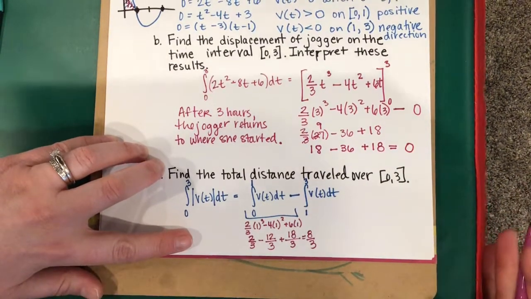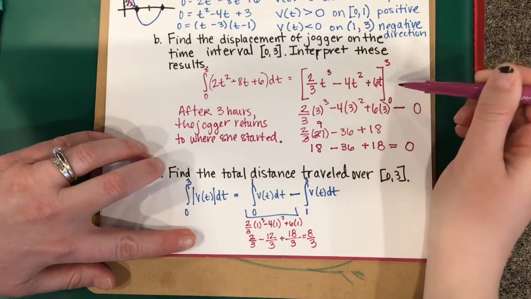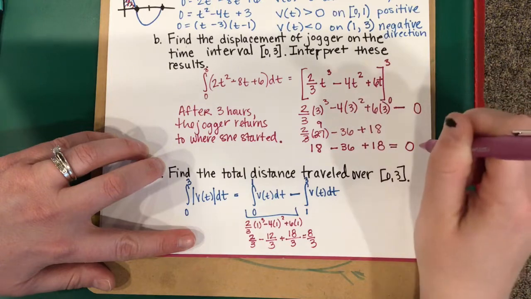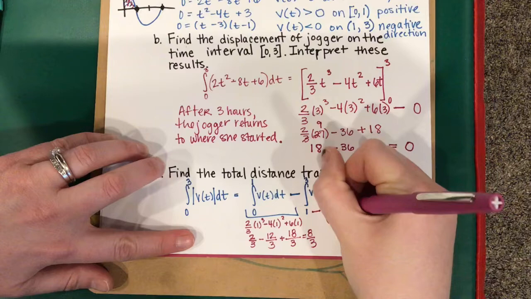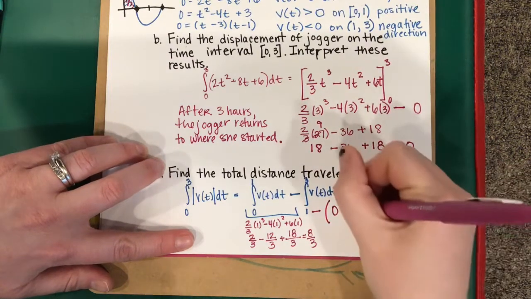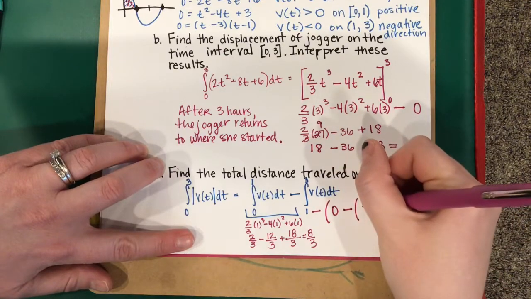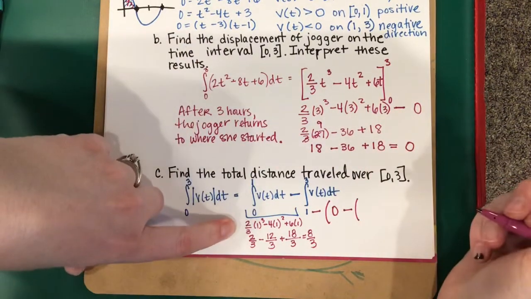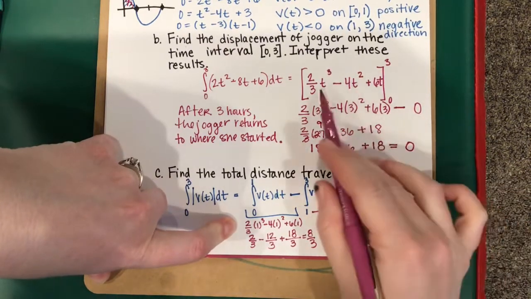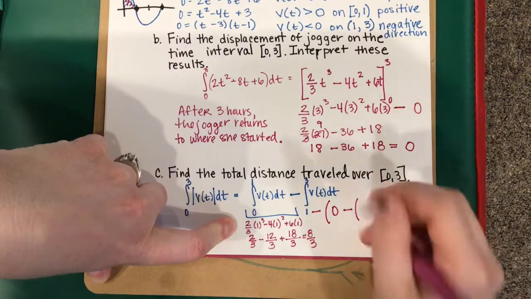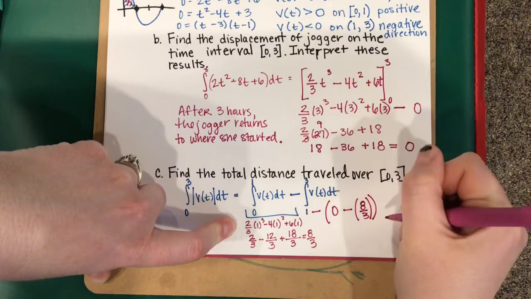Well, now when I go to look for this one, I've got to do a little more work this time around. But I've already plugged in 3 to this antiderivative, and we came up with the fact that that was 0. So this time around, I'm going to have minus 0 minus, well, I'm plugging in 1 again. So the antiderivative evaluated when t equals 1 is still going to give me 8/3.